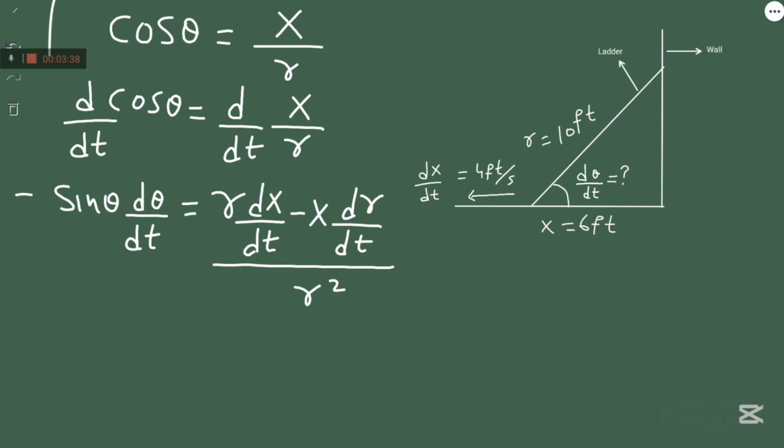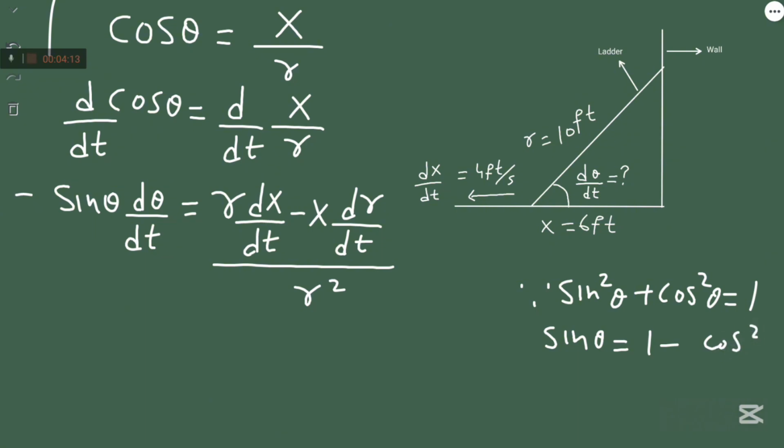So we know this basic identity, sine square theta plus cos square theta equal to 1. So I can find the sine value. Sine theta should equal the square root of 1 minus cos square theta.